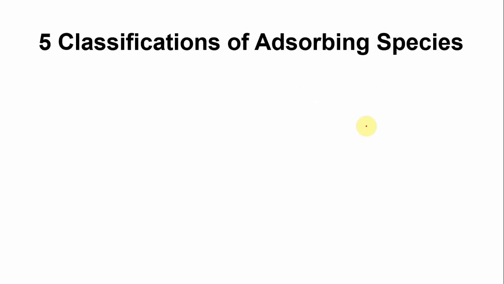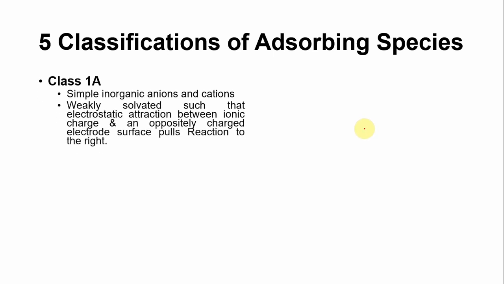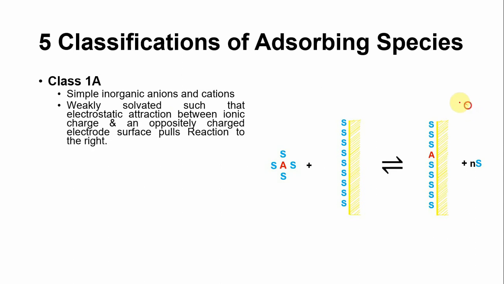Now, adsorbing species have five classifications, by the scientist Anderson. The first one is that the simple inorganic anions and cations are given the name class 1A, and these inorganic anions and cations are basically weakly solvated, such that electrostatic attraction between ionic charge and an oppositely charged electrode surface can pull the previously discussed reaction to the right.